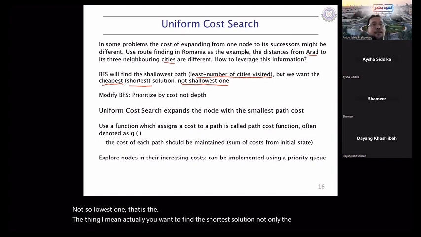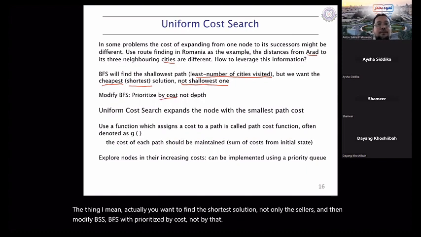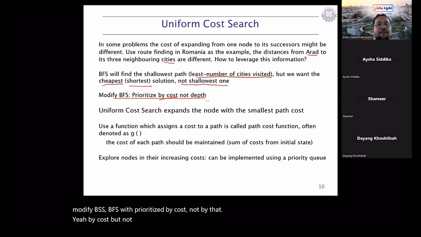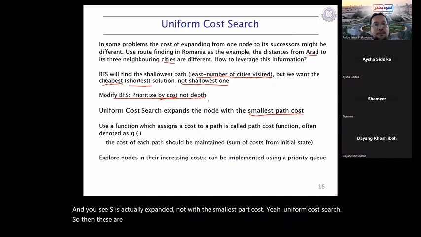So we modify BFS to prioritize by cost, not by depth. UCS expands the node with the smallest path cost. That is uniform cost search.